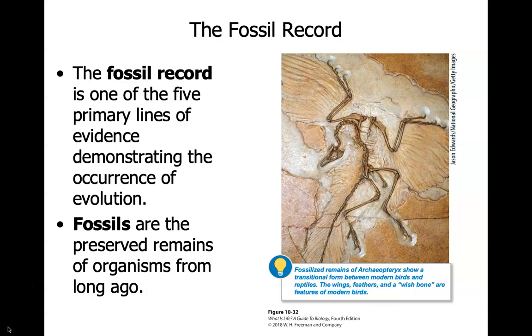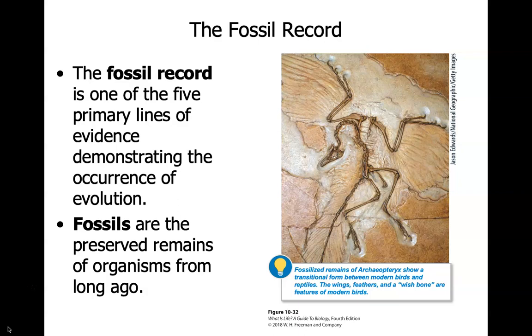It demonstrated that there were organisms that lived in the past that no longer survive, so it showed evidence of extinction. And it also showed that as we see fossils that are closer to living organisms, they become more similar. Younger fossils are going to be more similar to living organisms now, and older fossils are going to be different.